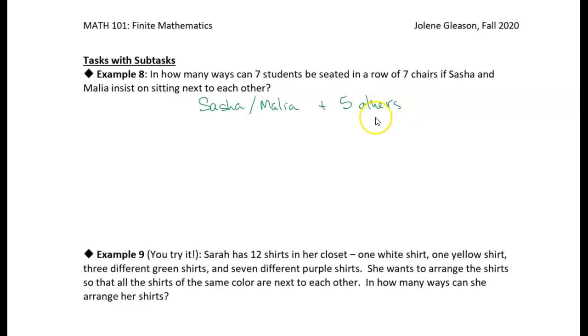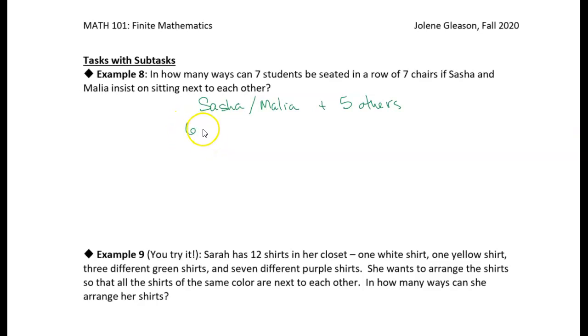If you treat Sasha and Malia as one group, we have 6 different things we have to seat: the Sasha Malia group and then 5 others.